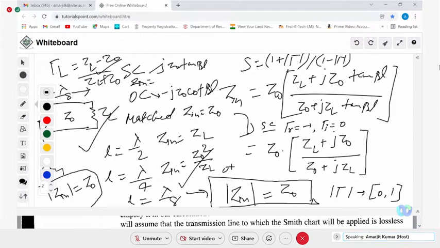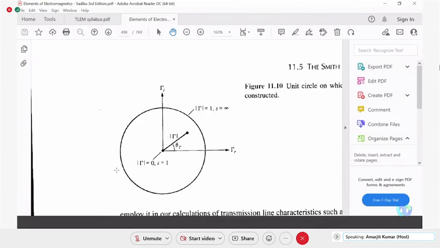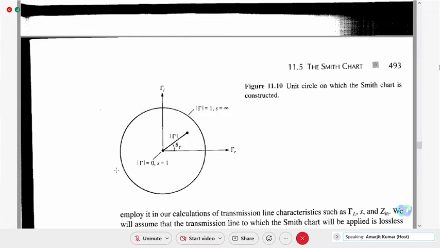For the open circuited, gamma r is equal to 1, gamma i is equal to 0. Now can you tell where the short circuited impedance will lie? It will lie here, gamma r equal to -1, and open circuited, gamma r equal to 1, will be here. So this is open circuited and this is short circuited impedance. Okay, so we locate it.